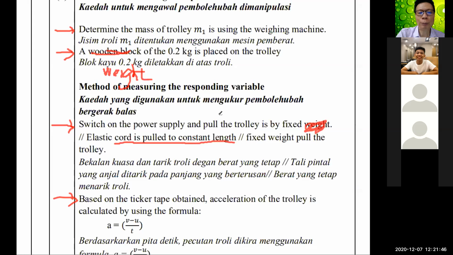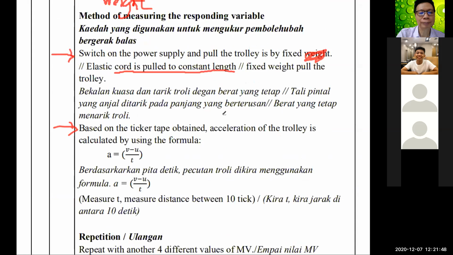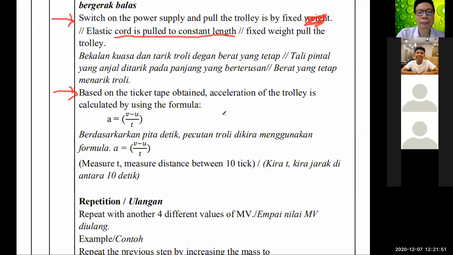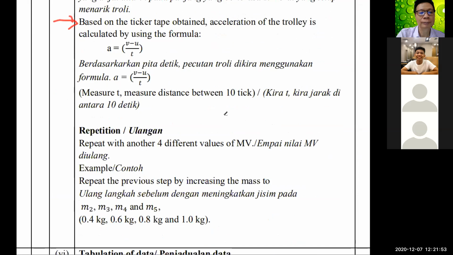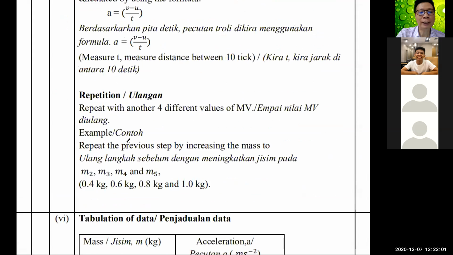Okay, the last one will be the repetition. Repeat the experiment with another 4 different values. Nonsense. Repeat the experiment by increasing the mass to 0.4, 0.6, like that.